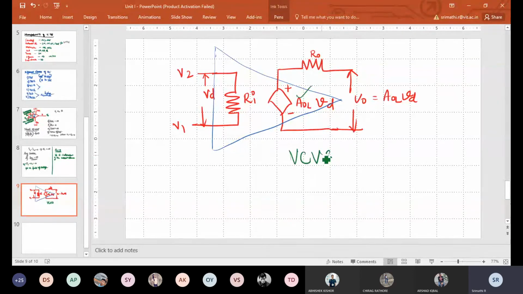Voltage controlled voltage source, and that is the Thevenin's equivalent as well. This is a Thevenin's voltage source, and R0 is the Thevenin's resistance.